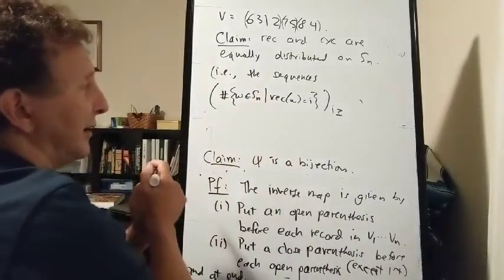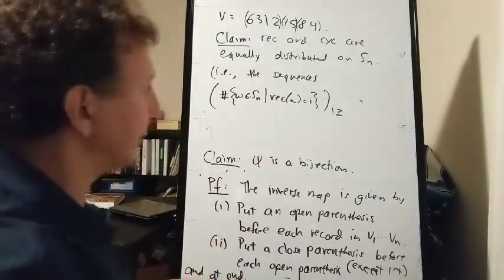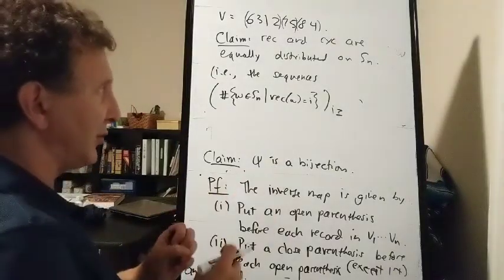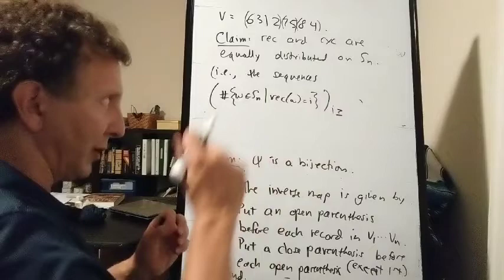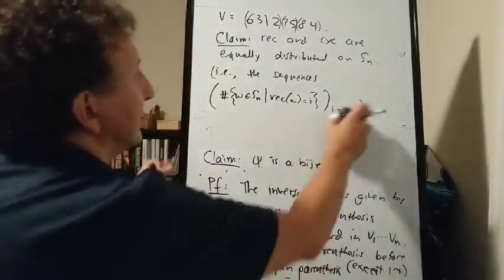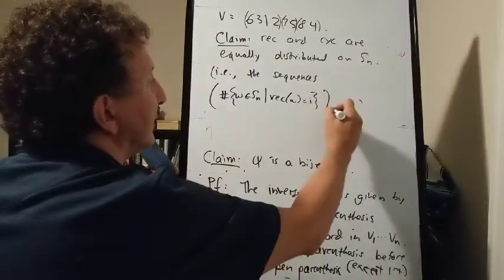Records has to be at least one, because the first letter in a word is always a record. And then we could have records in every position if we look at the permutation 1, 2, 3, 4 up to n. So it's really i equals 1 to n.